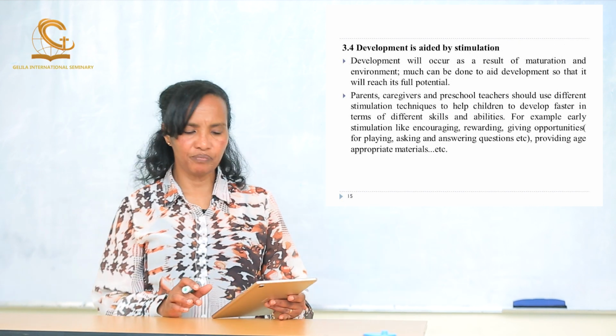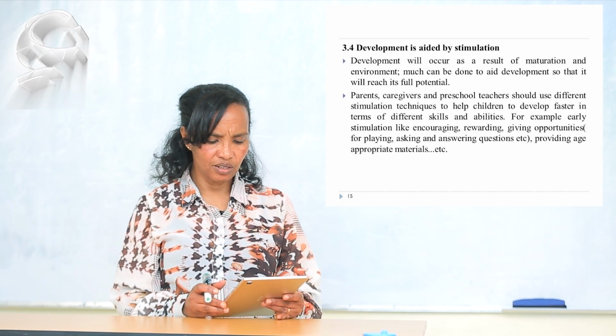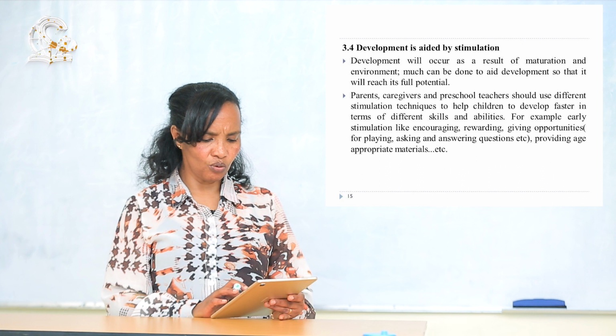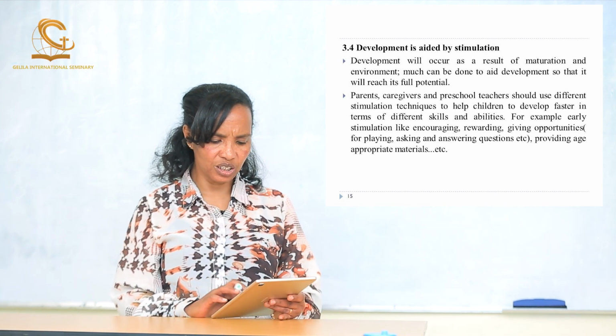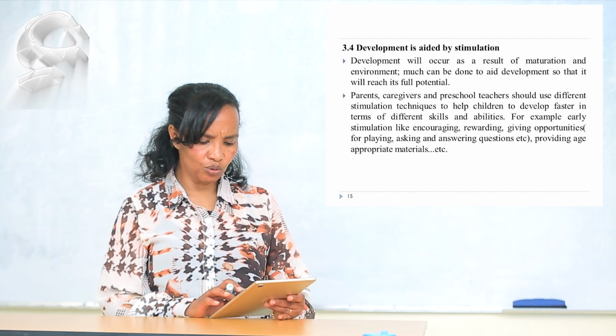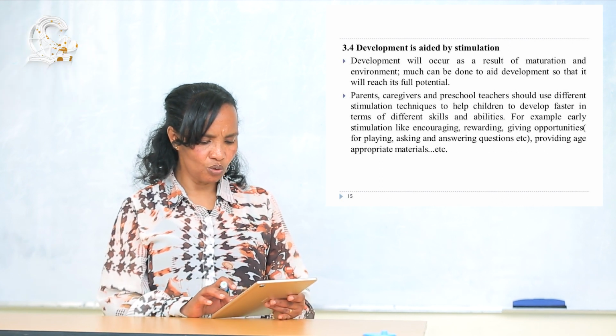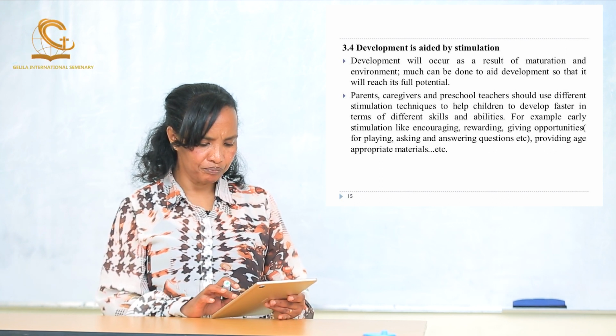The fourth principle is development is aided by stimulation. So development will occur as a result of maturation and environment. Much can be done to aid development so that it will reach its fullest potential.